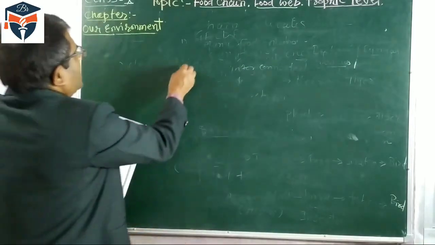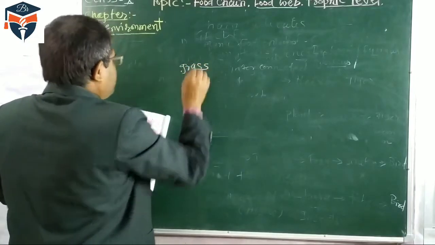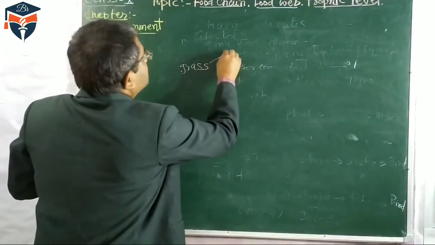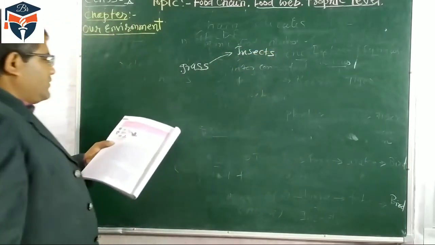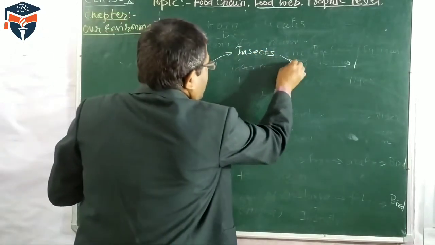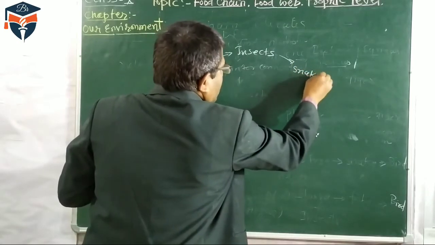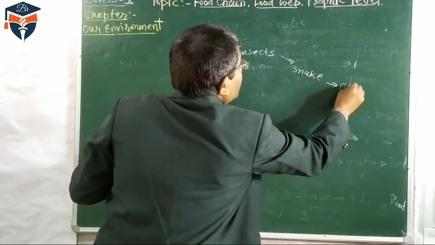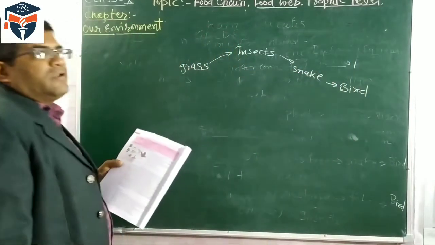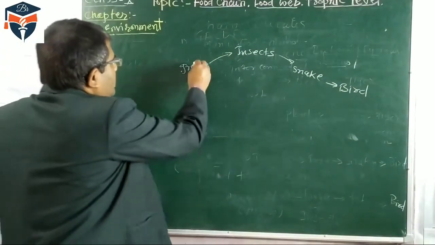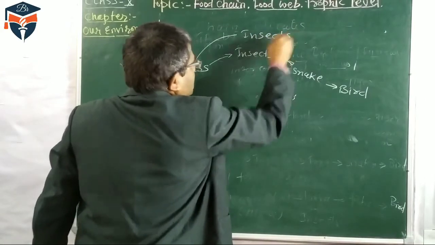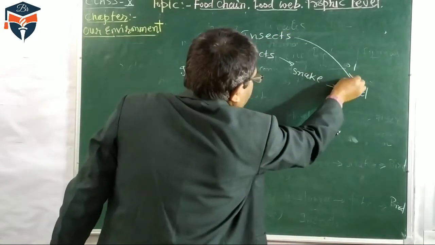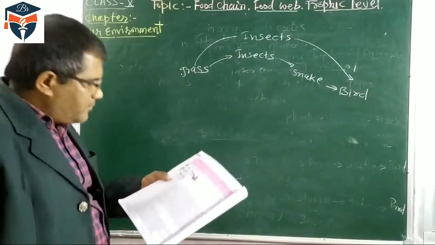One example we can understand: this is the grass, and this grass is fed upon by insects. Insect is fed upon by snake, and snake is fed upon by the bird. This is one food chain. Another food chain is, the grass is eaten by insects, and these insects are directly eaten by the bird.